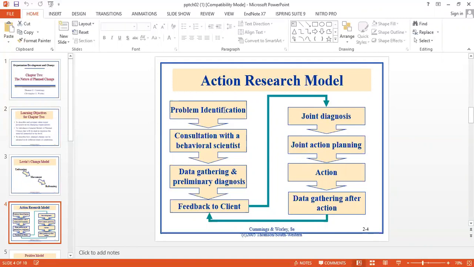The third thing is data gathering and preliminary diagnosis. This is one of the key parameters whenever you are talking about the action research model. Data gathering is where we collect data from the market and from external sources.